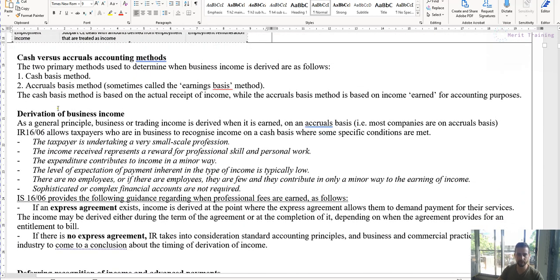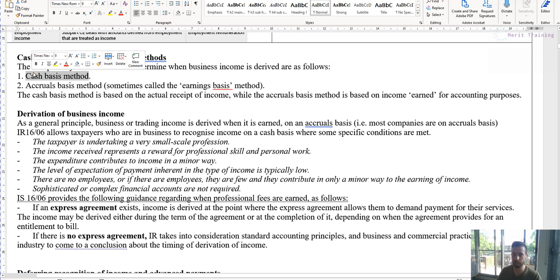So one concept that you need to know as part of this module is the difference between cash versus accrual. It's just general knowledge, and hopefully you've learned that from uni or maybe your job. But just as a quick recap, there are 2 methods. Generally, small businesses have a cash basis, and generally, as you become a large business, you have to do an accruals basis.